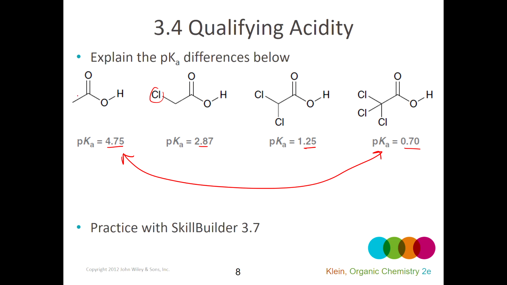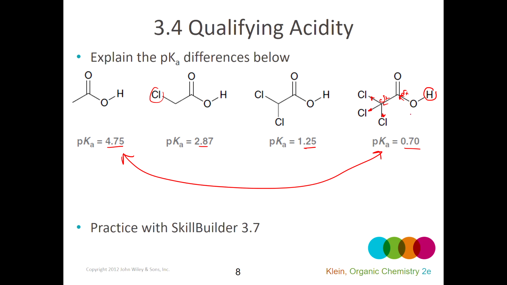But comparing no extra induction versus the induction of 3 chlorines, each one pulling electrons away, creating a larger partial positive to help pull electrons away from the atom that would become unstable and negative if it lost the hydrogen, this molecule is more willing to give away that hydrogen and create the negative.